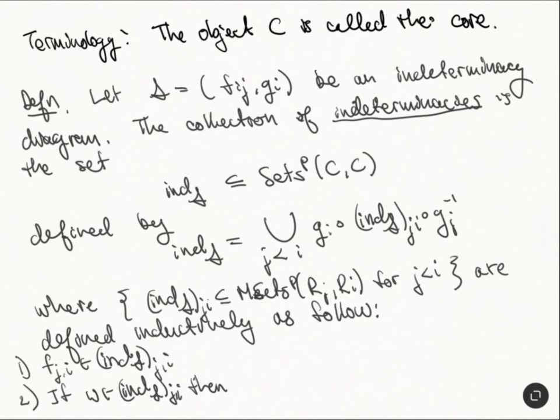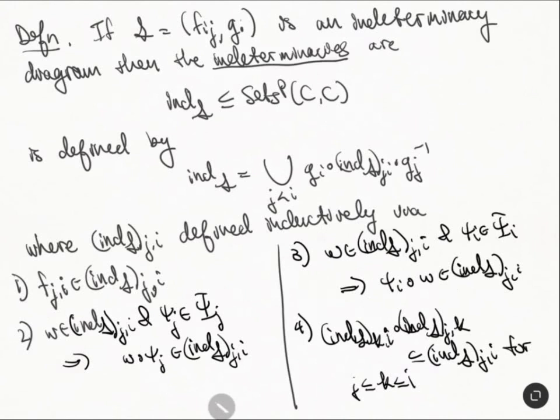You can add a monoid action on the left or on the right. So we could say W composed with psi_j is in Ind S_ji, and psi, okay, I ran out of space. So I definitely ran out of space, and what I did was I just wrote them out instead.